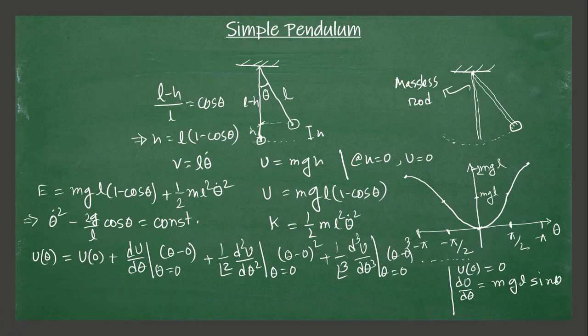So we would have sine theta. Similarly, we can find out this term as well. So what should be d squared U d theta squared? Well, you have to differentiate this quantity, right? So it should return mgL.